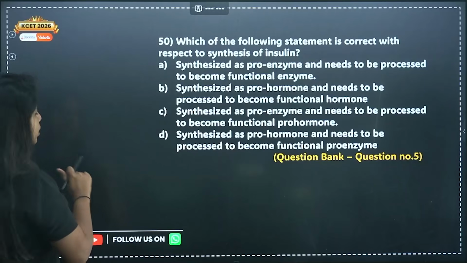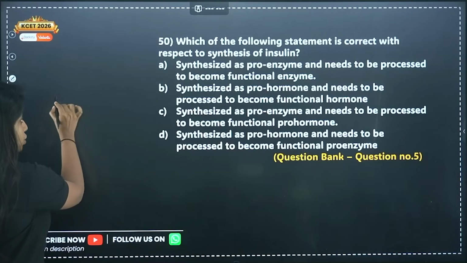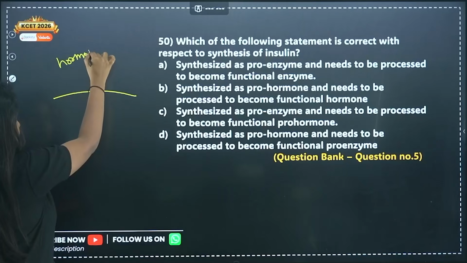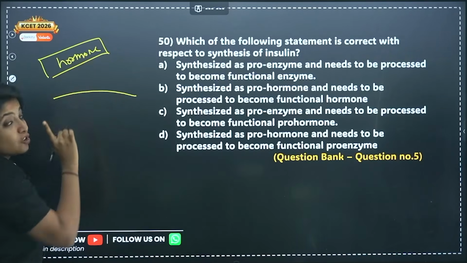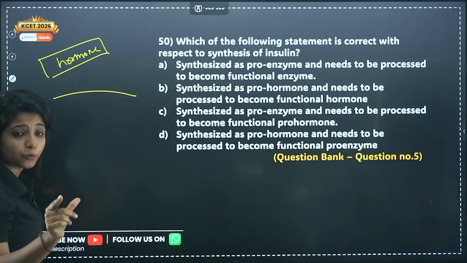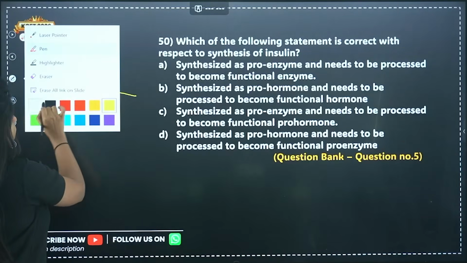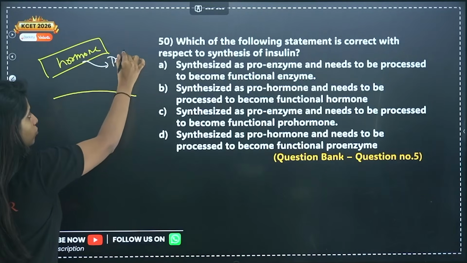For that, you need to understand one very important thing. Insulin is a hormone. It is not an enzyme, it is a hormone. And this hormone, my dear children, is a proteinaceous hormone.